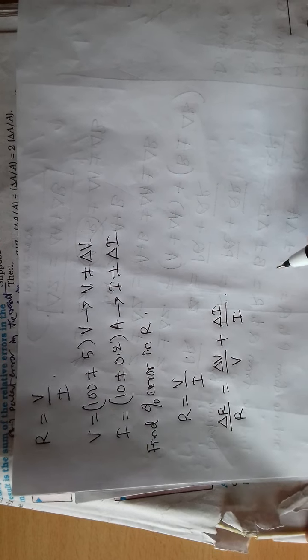Now the resultant error in R, the relative error in R, is equal to the relative error in voltage plus the relative error in current. This is the rule.